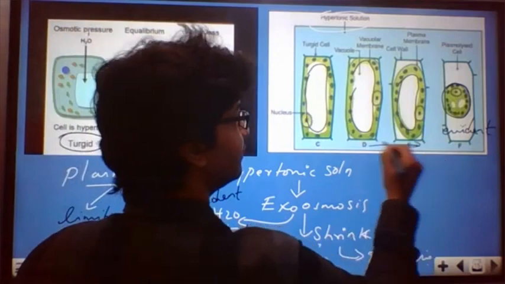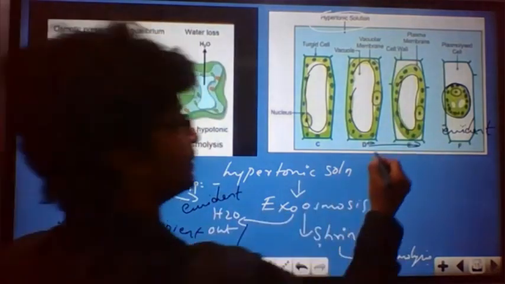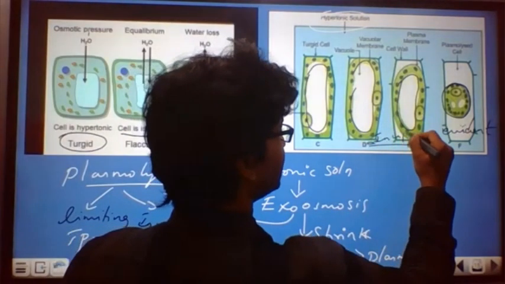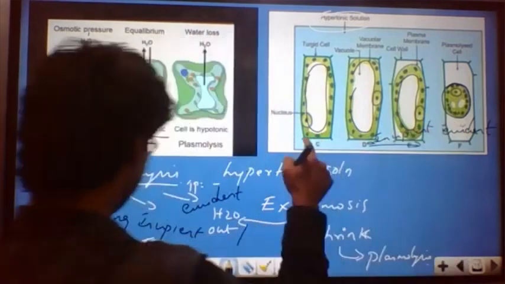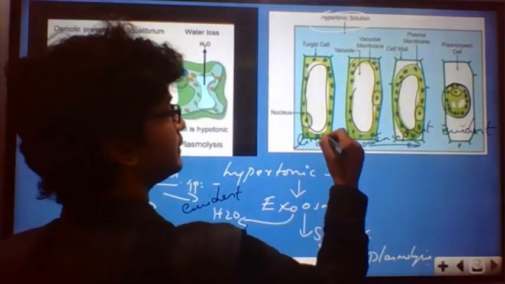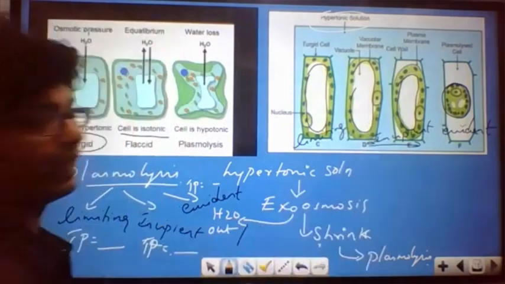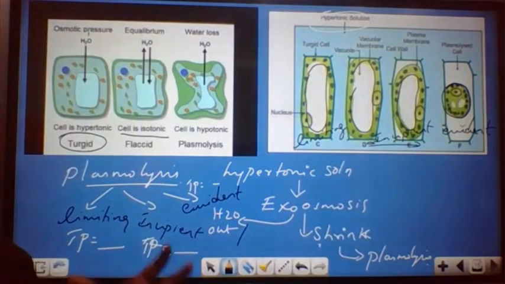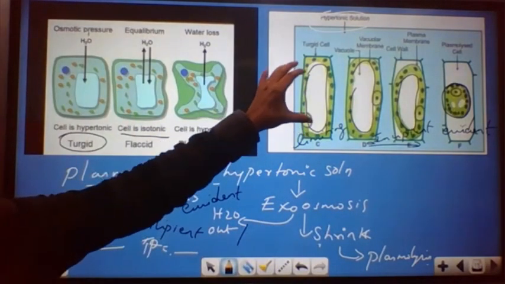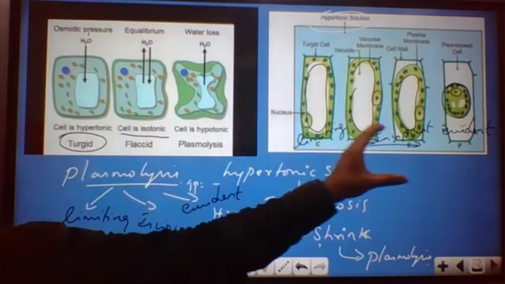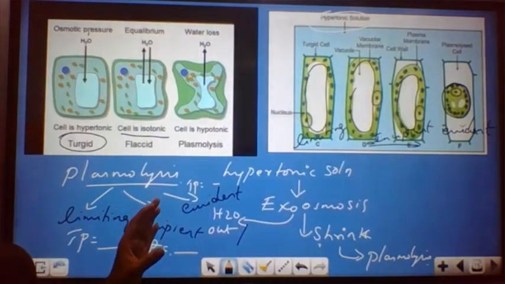These two earlier stages we call incipient plasmolysis, and this one is limiting plasmolysis, based on the size of the vacuole and the protoplasm.